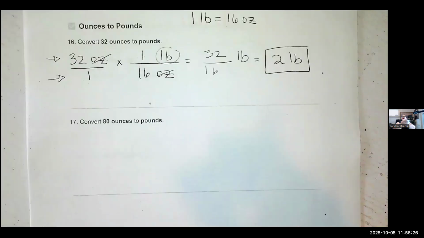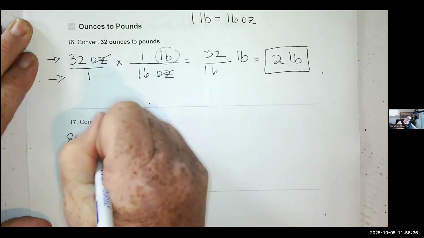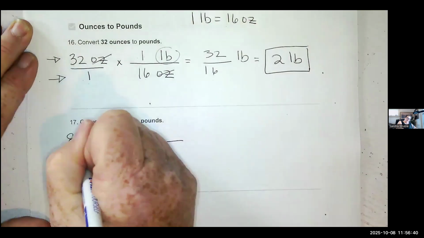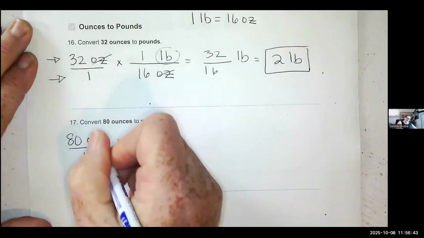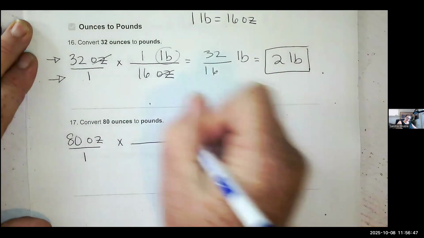All right, last one. Pause the video, attempt this one yourself, and come back to see how you did. Same conversions. Starting with what we're given, 80 ounces times your conversion. Remember, this is over 1. Ounces is in the top, so I need ounces in the bottom for it to go away. I'm heading towards pounds.